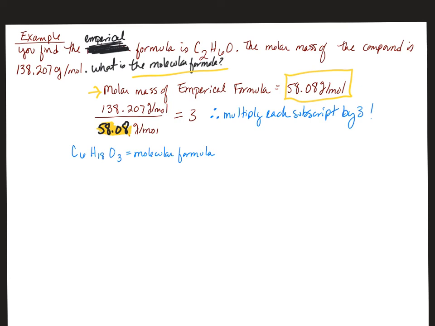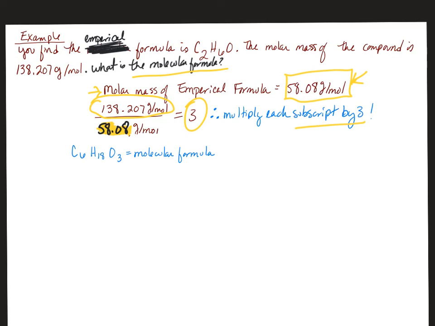So what you do is you say, you know what, that total molar mass that's here must be some factor of what I determined for the empirical formula. So if I divide by what the empirical formula is, that should give me a whole number. And in this case, of course, it does. So what this means is that we now need to multiply each subscript by 3 in our formula.